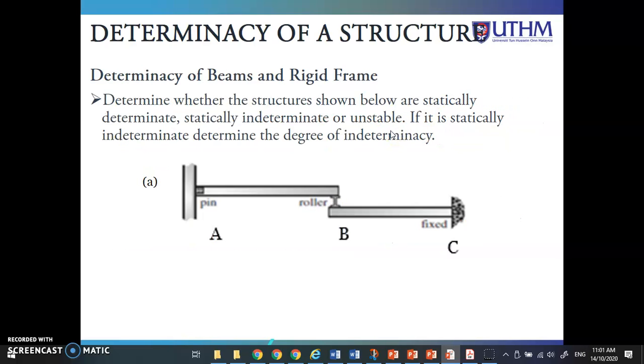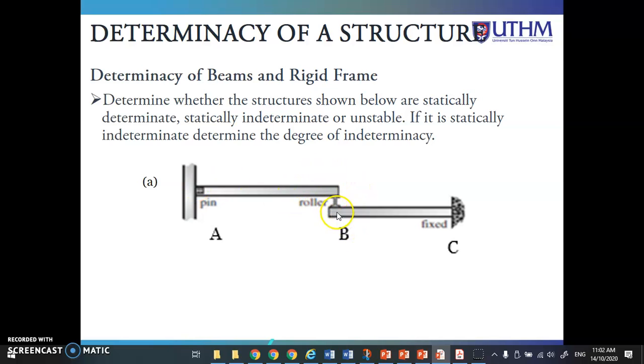Okay, let's see this example. Determinancy of beam. Okay, this is the beam. Okay, so determine whether the structure shown below are statically determinate, statically indeterminate, or unstable. Okay, so if it is statically indeterminate, determine the degree of indeterminacy. So kita dah tahu sini akan ada pin. Pin will have 2 reaction.